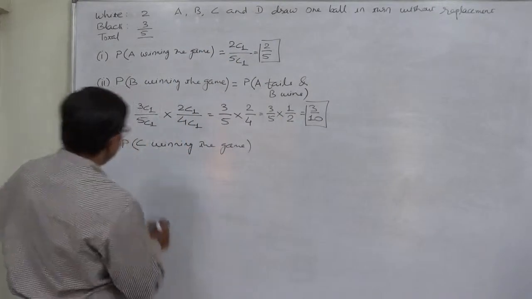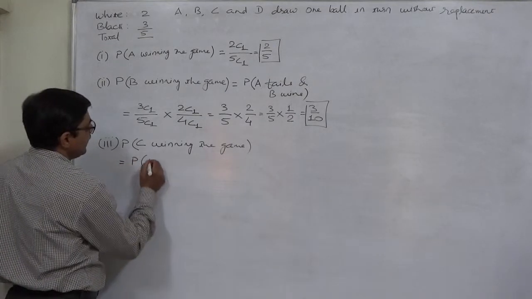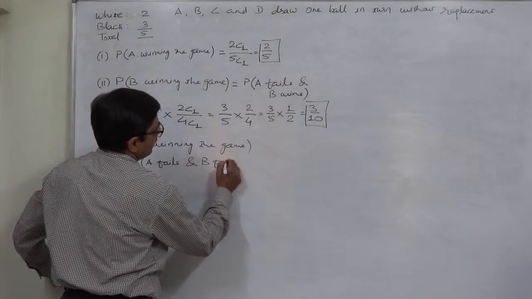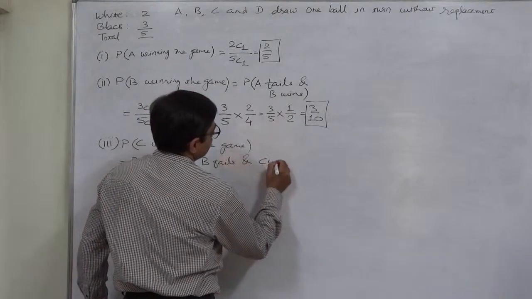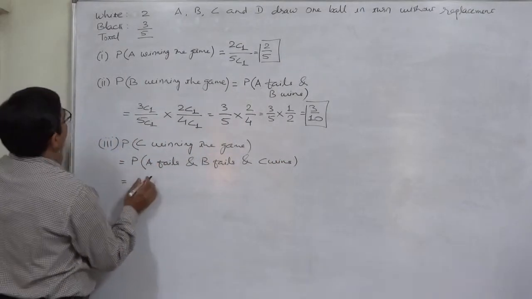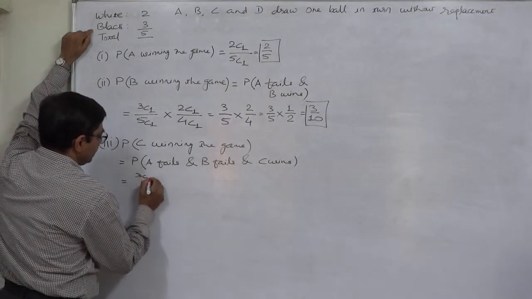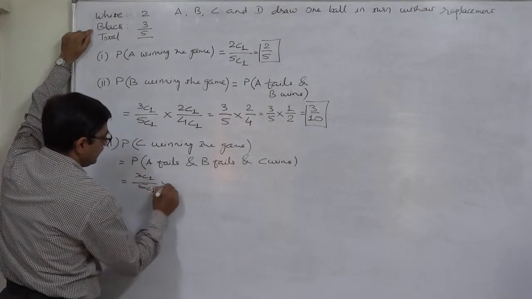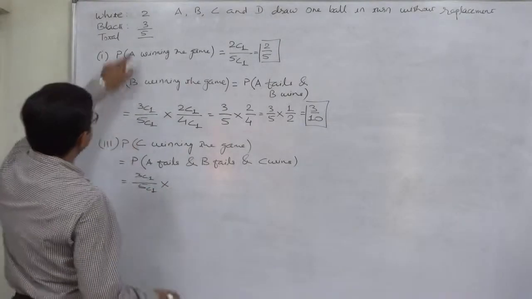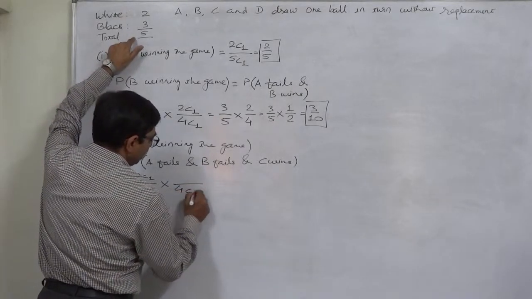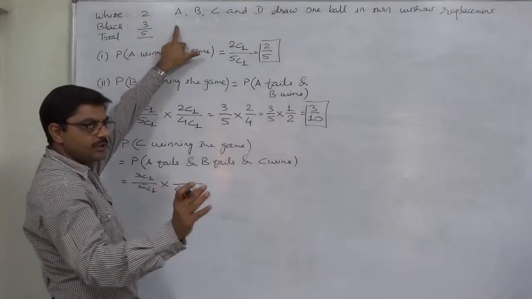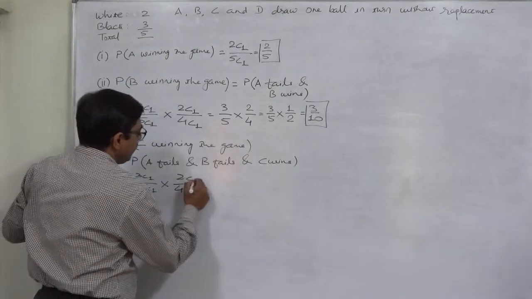So the probability of C winning the game is ultimately the probability that A fails and B fails and C wins. A fails, that means A draws a black ball, 3C1 divided by 5C1, and B fails. Now A has not replaced his ball, so the total number of balls will be 4, and similarly A has drawn a black ball, so now there are only 2 black balls.